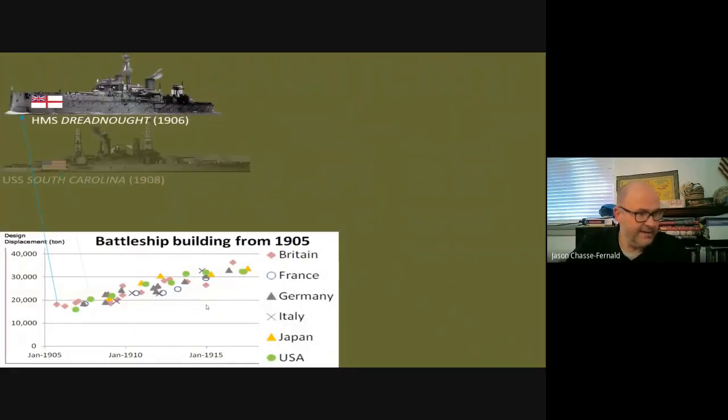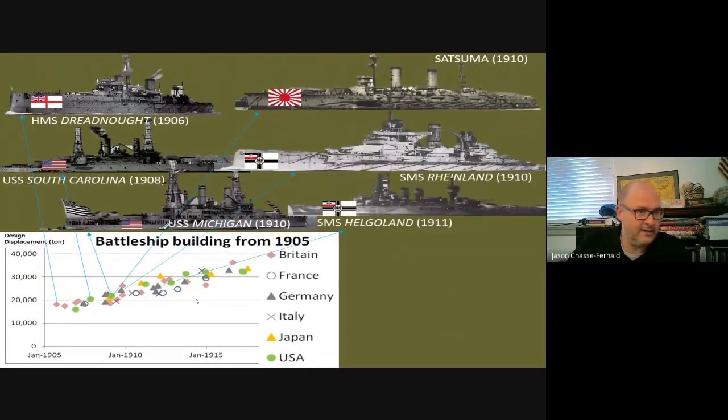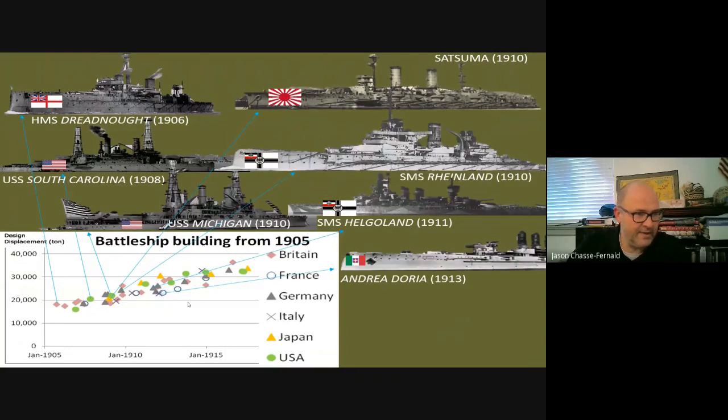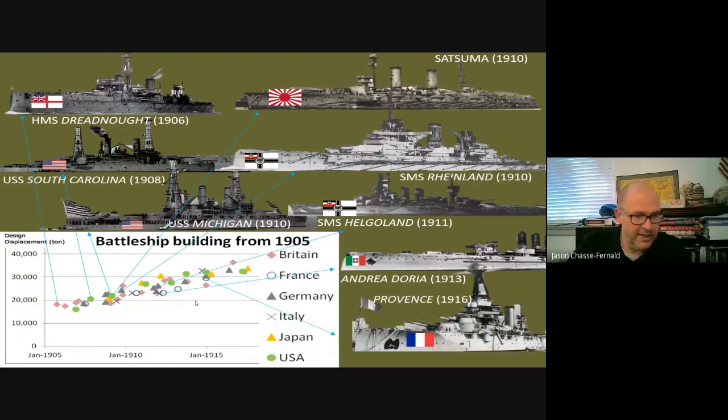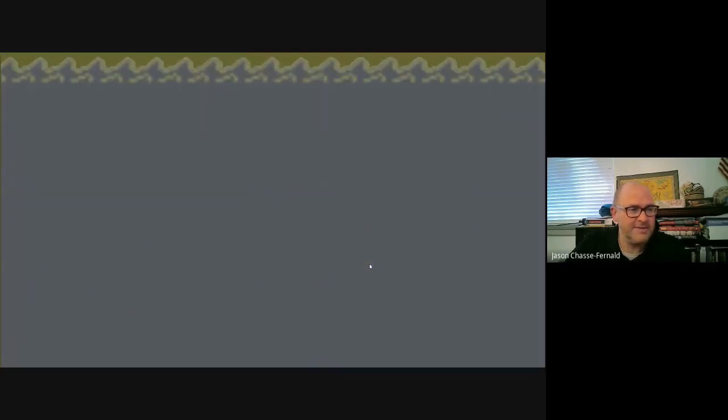The ships are getting bigger and more and more powerful as we get towards World War I, and then once World War I actually begins, you notice that general tendency to become larger. All right, and for all the money put into the dreadnoughts, they only meet in one battle in Jutland, right? Too easily sunk by these cheap U-boats.